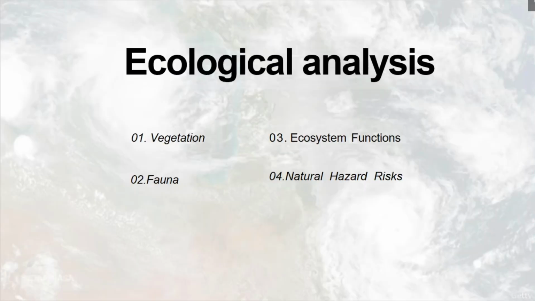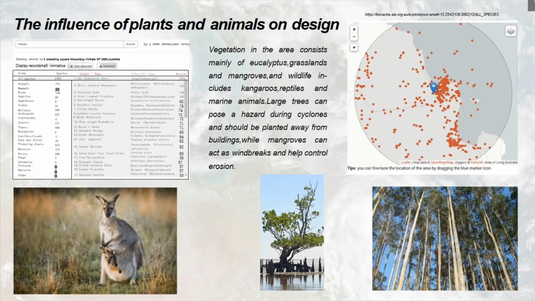Then let's move on to the next part, ecological analysis. The vegetation in the area mainly includes eucalyptus, grasslands, and mangroves, and animal species include kangaroos, reptiles, and marine life. Large trees can become a hazard during cyclones, so they should be kept away from buildings.